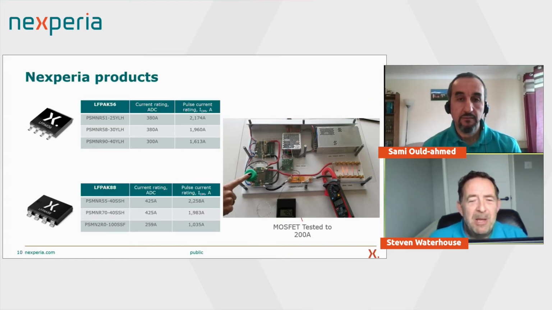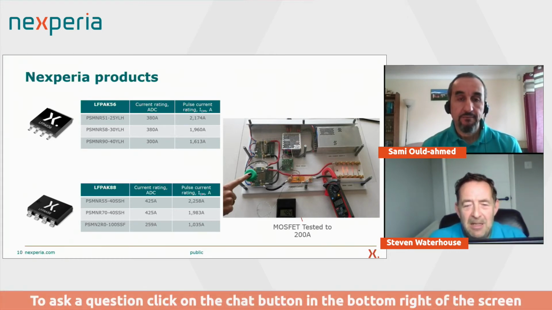But be aware that the 380 amp stated is not the actual limit of the device. That's the limit of a device that we're happy to stand with our hand on our heart and put on a data sheet and ship products. The actual capability of that product is much higher. It's just we do not have at the moment the ability to test those higher currents in a repeatable and reliable way.